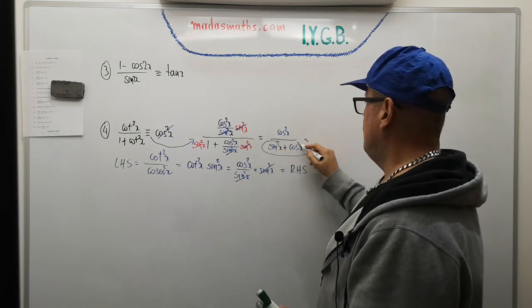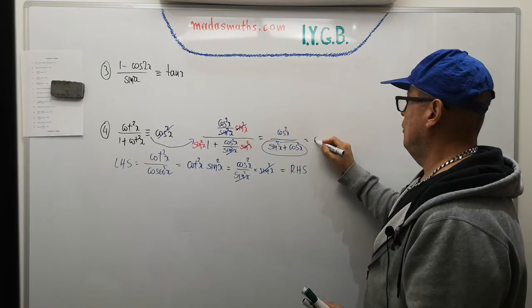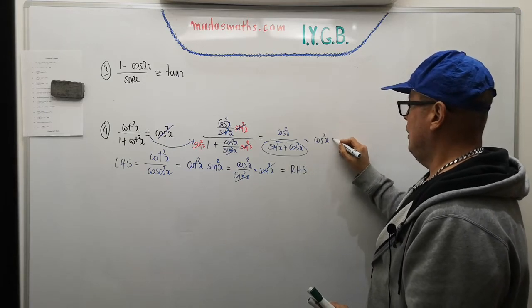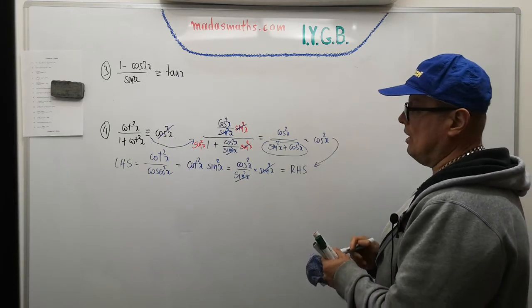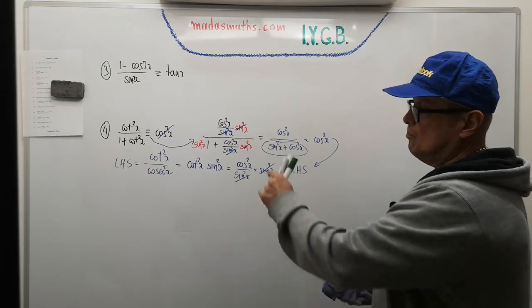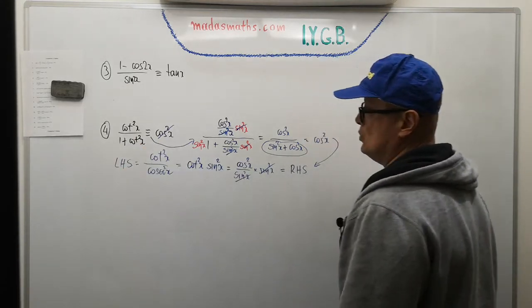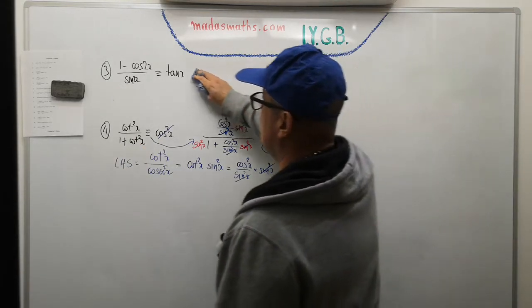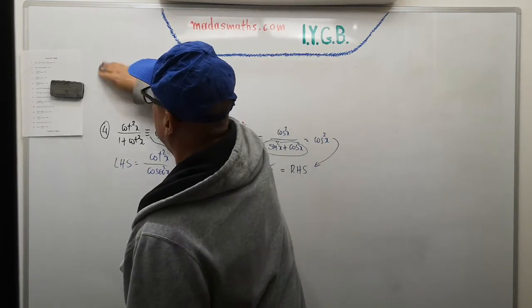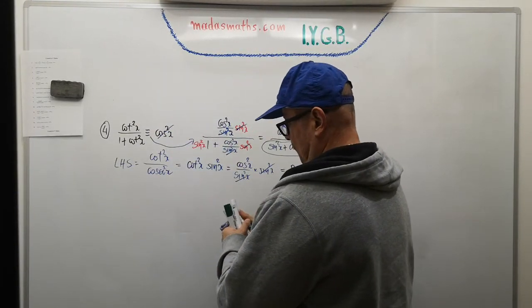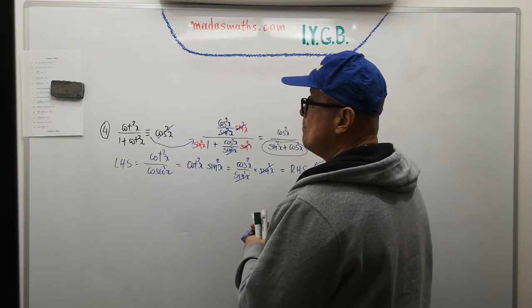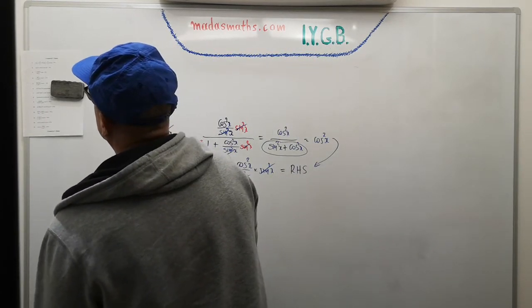This is an identity, of course, equal to 1, which of course will give me cos squared x, which again is RHS. So this can be done even if you don't spot that this is cosec squared of x, which you should. It can be done very, very quickly. Okay, we're done with number 4, so we're going to look now at number 5.